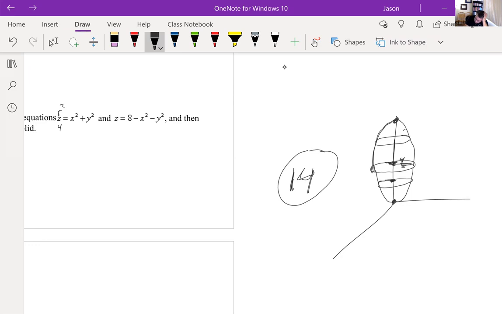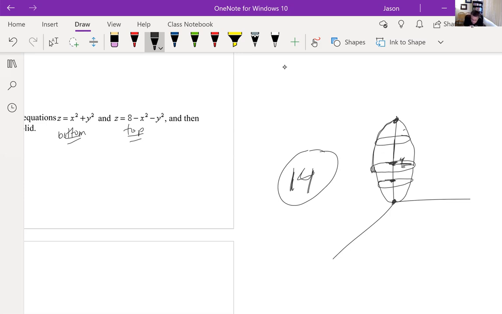So the volume between these two surfaces: this is the bottom surface, and this is the top surface. We just want to find the volume smashed between these two surfaces. Well, I'm going to use polar coordinates to help me do this.